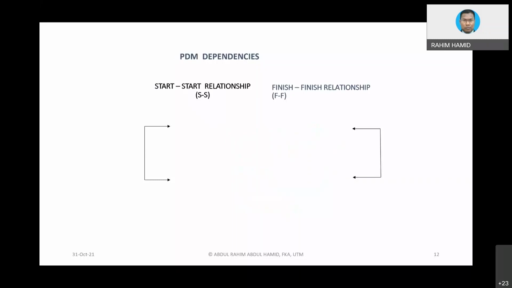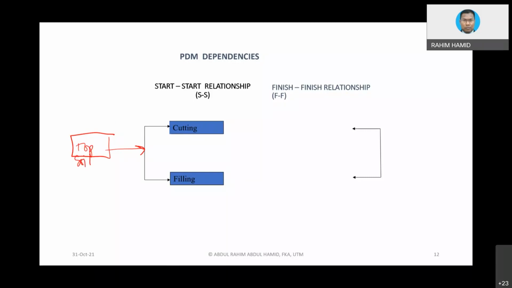Okay, start to start. Start to start means both activities start at the same time. But if I draw something like this, this might not be accurate. Normally, I should have one tail and one arrowhead. So in this situation, if I have another activity, let's say maybe after I completed the topsoil removal, then I can start cut and fill.